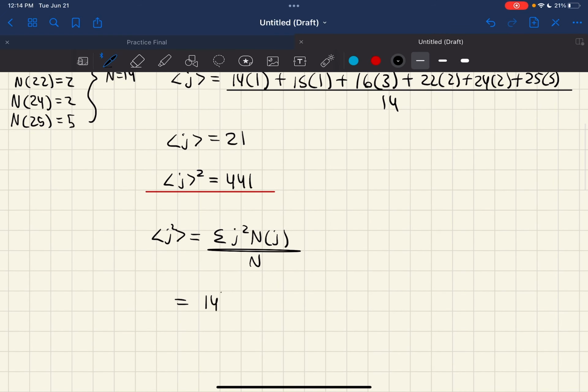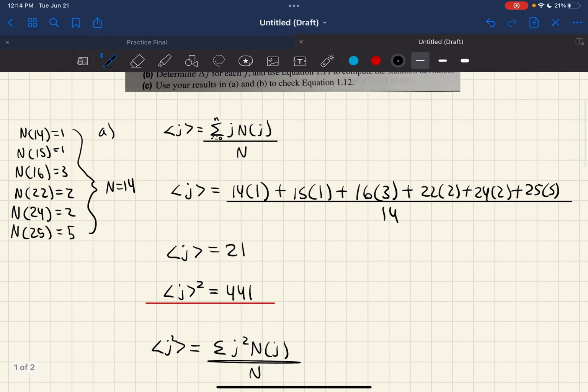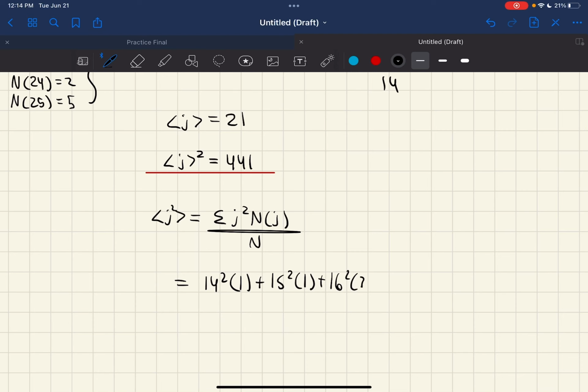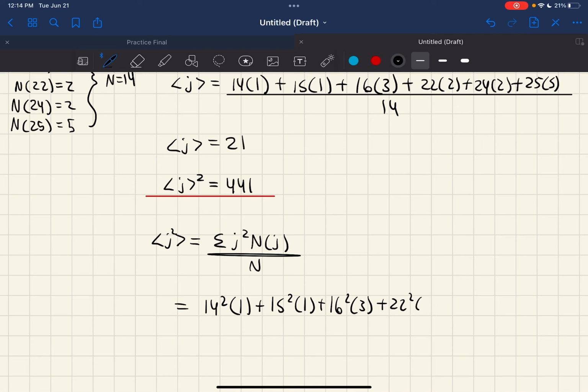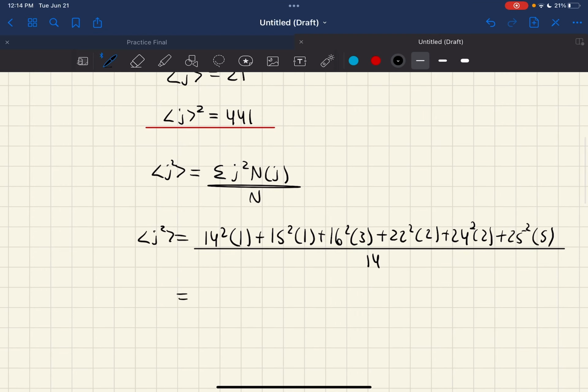We get 14 squared times 1, plus 15 squared times 1, plus 16 squared times 3, plus 22 squared times 2, plus 24 squared times 2, plus 25 squared times 5, all over 14. This is the expectation value of the age squared, and this yields 460. So that's part A done.